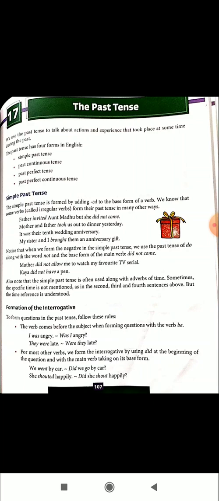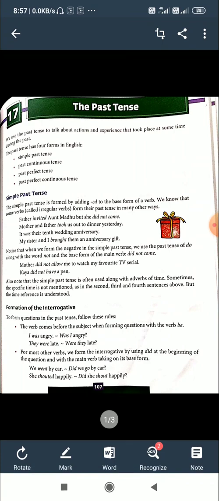To make interrogative sentences in past tense, we have to use did at the beginning, then subject, then base form. Look here. We went by car. Here, went is the verb, past tense. Look at the question. We bring the auxiliary did to the beginning: Did we go by car? Did plus subject plus base form. Go is the base form of the verb went.